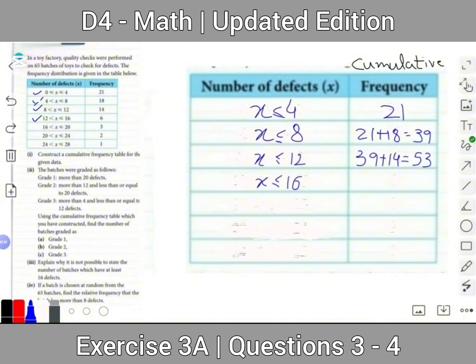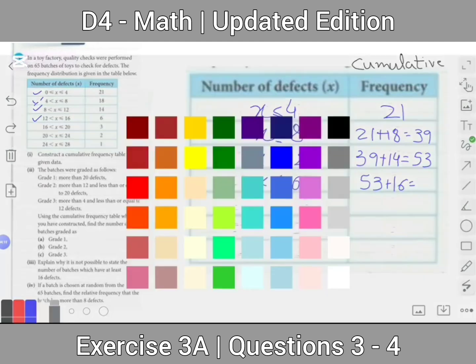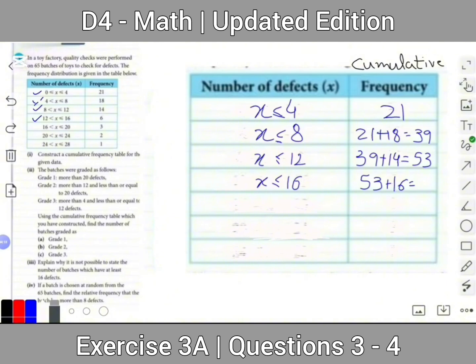We can just add this new frequency to the previous total, and that was 53. Our new frequency is not 16, it's 6. I made a mistake. So 53 plus 6 gives us 59. The new cumulative frequency for the fourth entry will be 59.